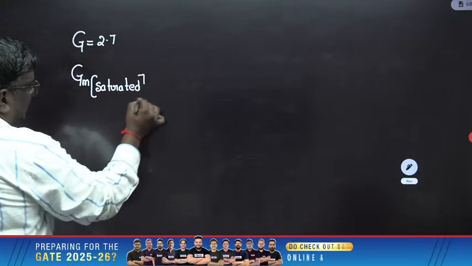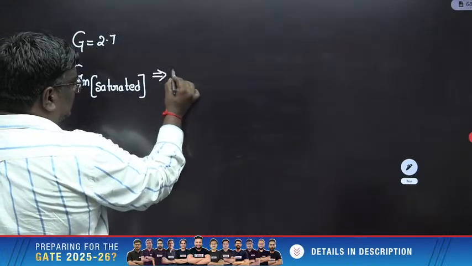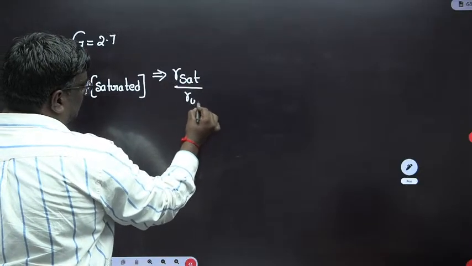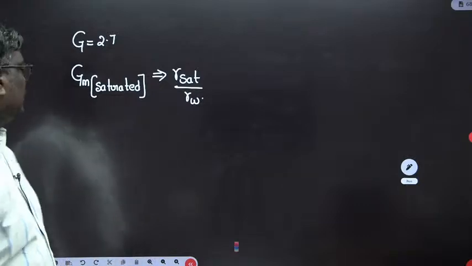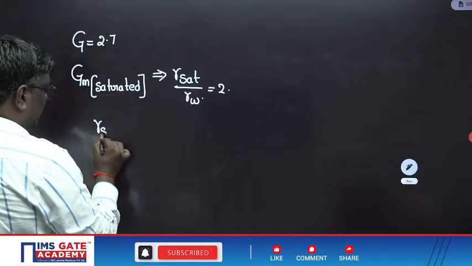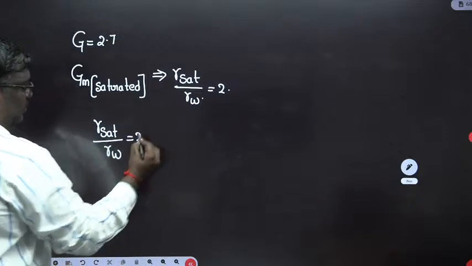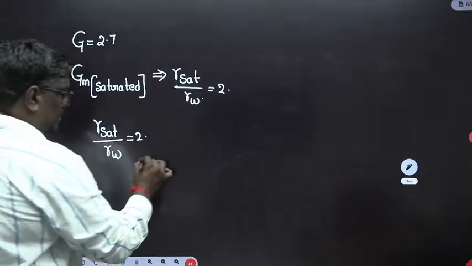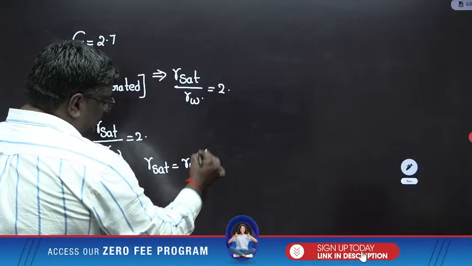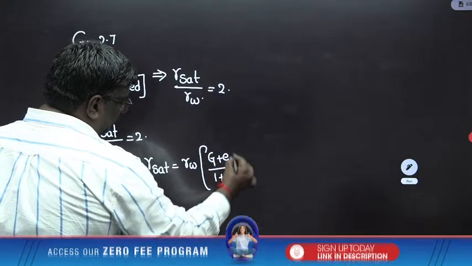The mass specific gravity in saturated state is given as gamma sat by gamma W. Now see students, this value is given as 2. So gamma sat by gamma W is equal to 2. You know already the formula for gamma sat: gamma sat is equal to gamma W into (G plus e) upon (1 plus e).